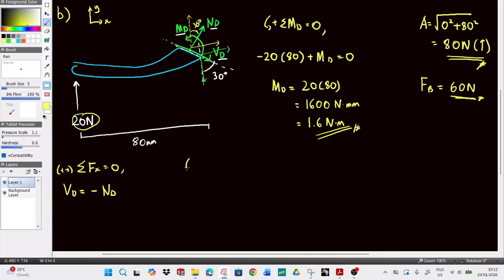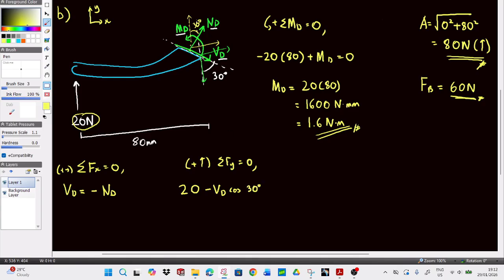Now for the summation of Fy, if we take upwards to be positive, we of course have 20 Newton going upwards in the positive direction, and then our VD, since it's going downwards with cosine 30, becomes minus VD cosine of 30 degrees.